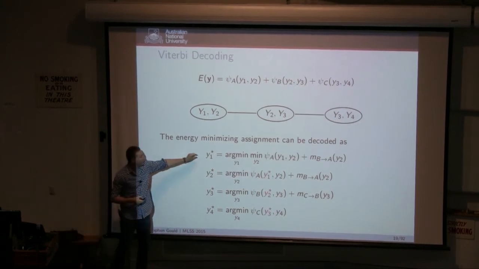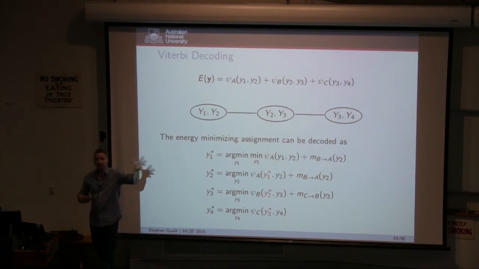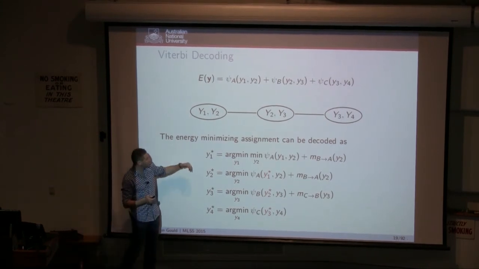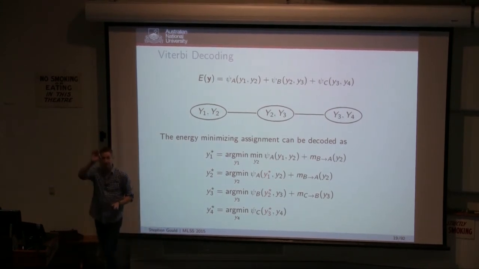That's a minimum energy assignment to the variables. But if I try to label each variable independently, if I label half the pixels as white and half the pixels as black, the model is going to penalize that. That's not a minimum energy assignment, right? Even though white pixels or black pixels appear in a joint assignment that does have minimum energy. So if I had a problem like that, when I went through the decoding, I would pick my first pixel.